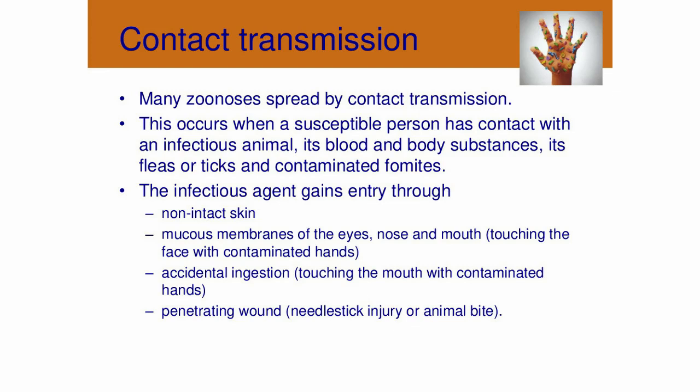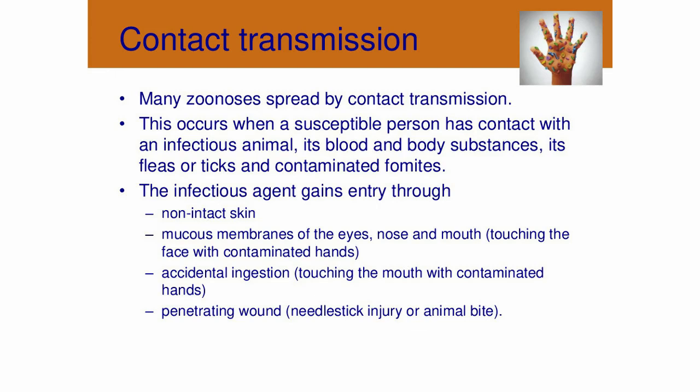Following contact, the zoonotic agent can gain entry through the person's non-intact skin, for example, through a wound or dermatitis, or through the mucous membranes of their eyes, nose, or mouth. This usually occurs by touching the face with contaminated hands.